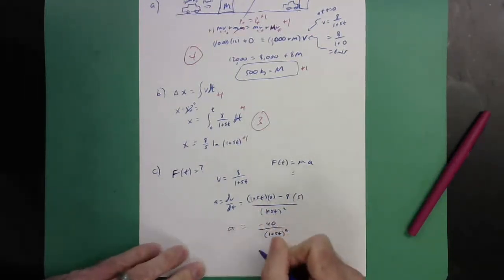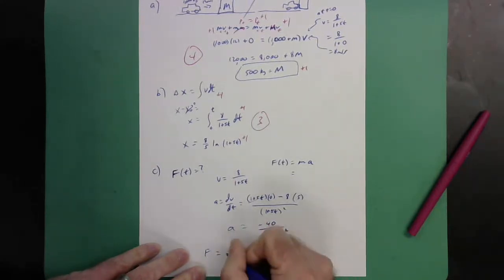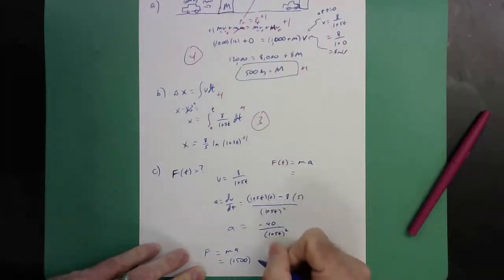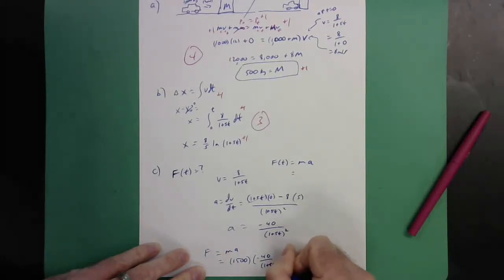Force is ma, so it's 1,500, because it's 1,000 for the car and 500 for the mystery object, times negative 40 over (1 plus 5t) squared.